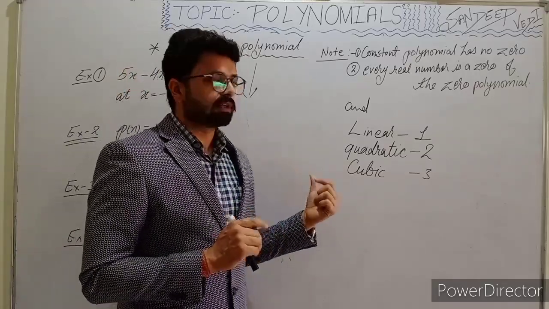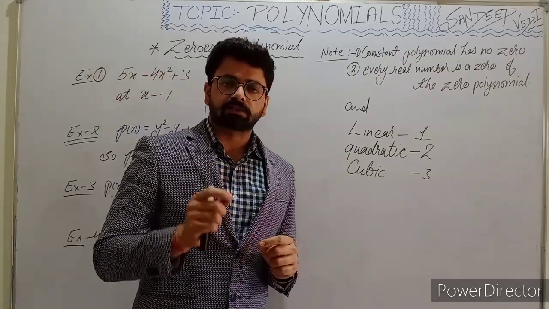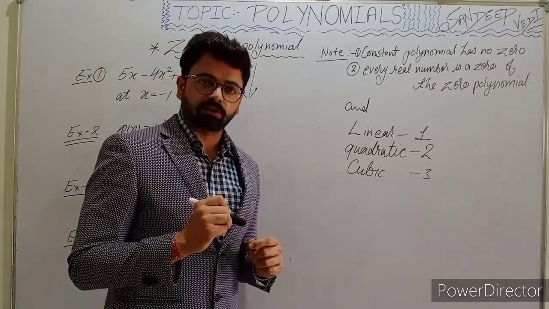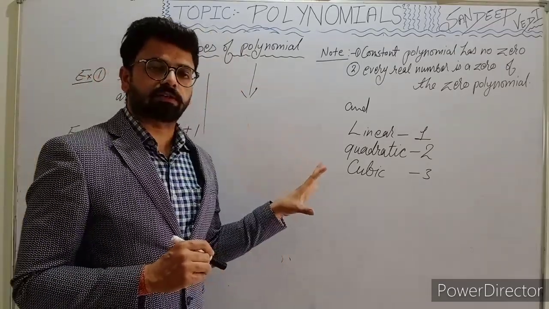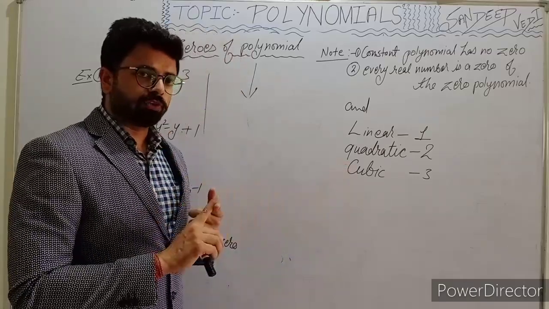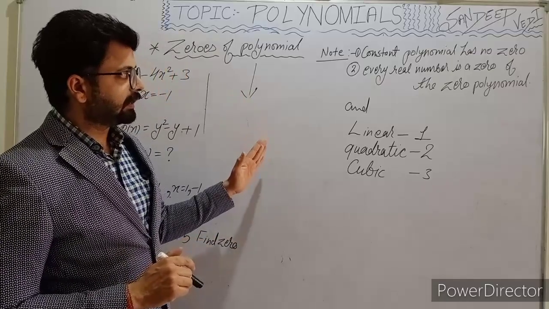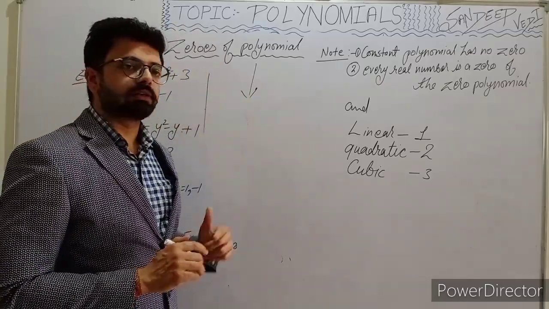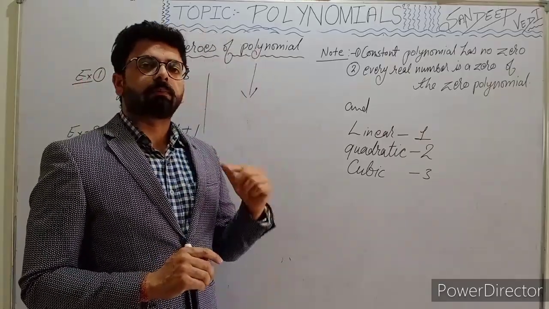Whenever you are watching a maths video, sit with a copy and pen and note down by yourself whatever you think is the important part. Without a copy and pen, a maths video is not good for you.